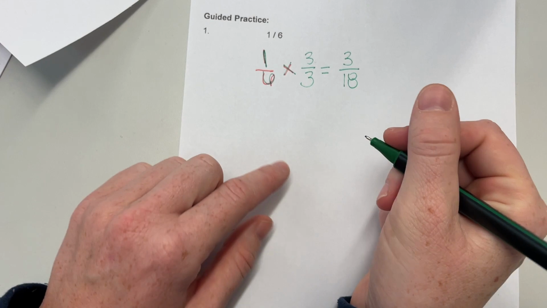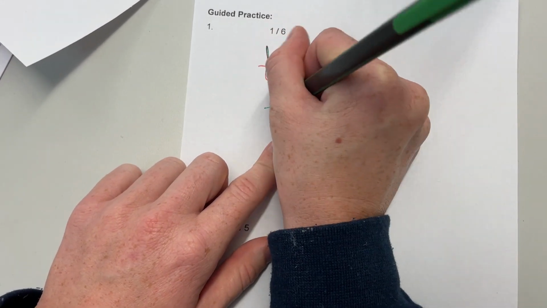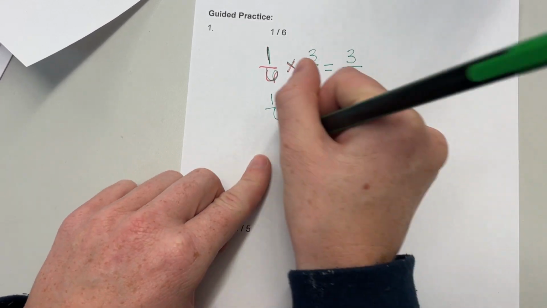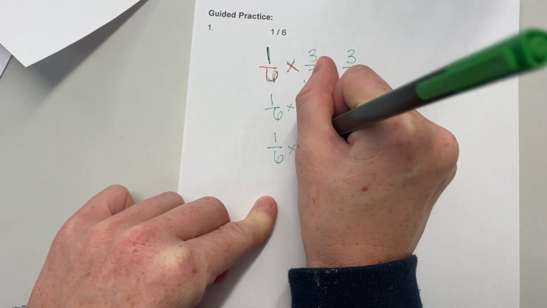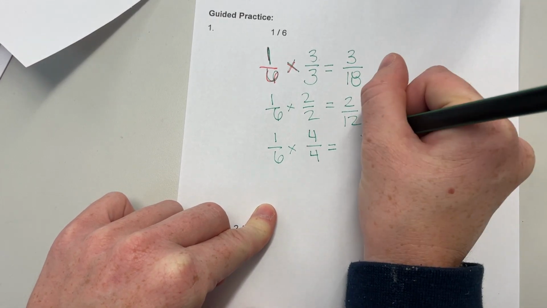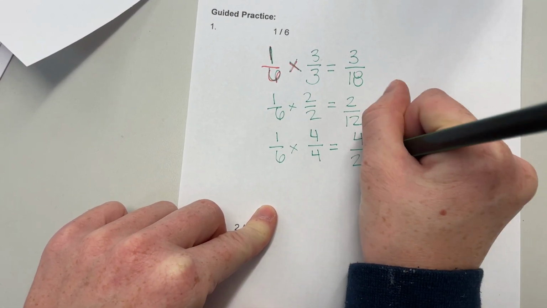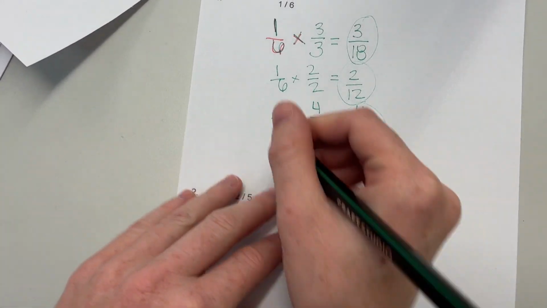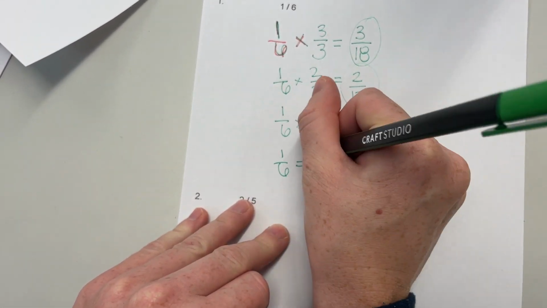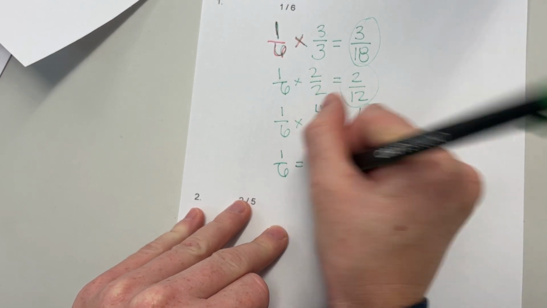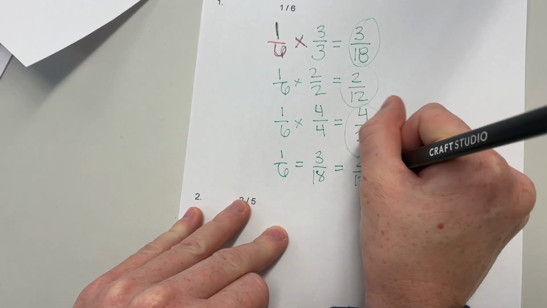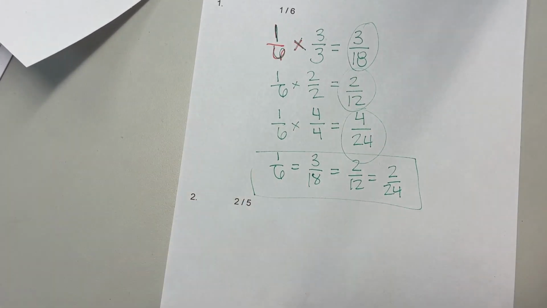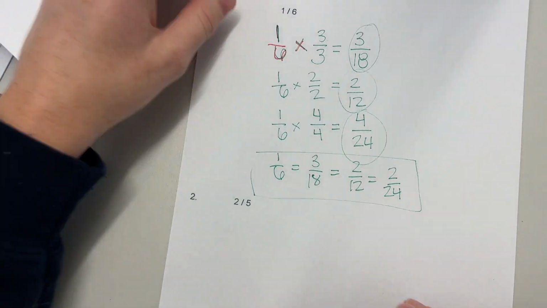So I could have also done 1/6 times 2/2 equals 2/12, or 1/6 times 4/4 is equal to 4/24. All of these are equivalent fractions, so our answer is 1/6 is equal to 3/18, which is equal to 2/12, which is equal to 4/24. Do I need to have all of those? No, I could just have one.